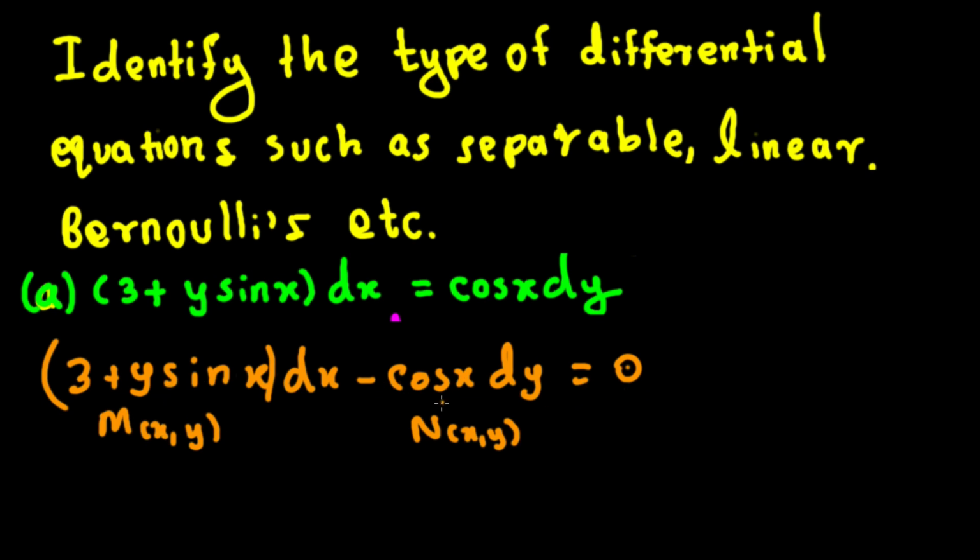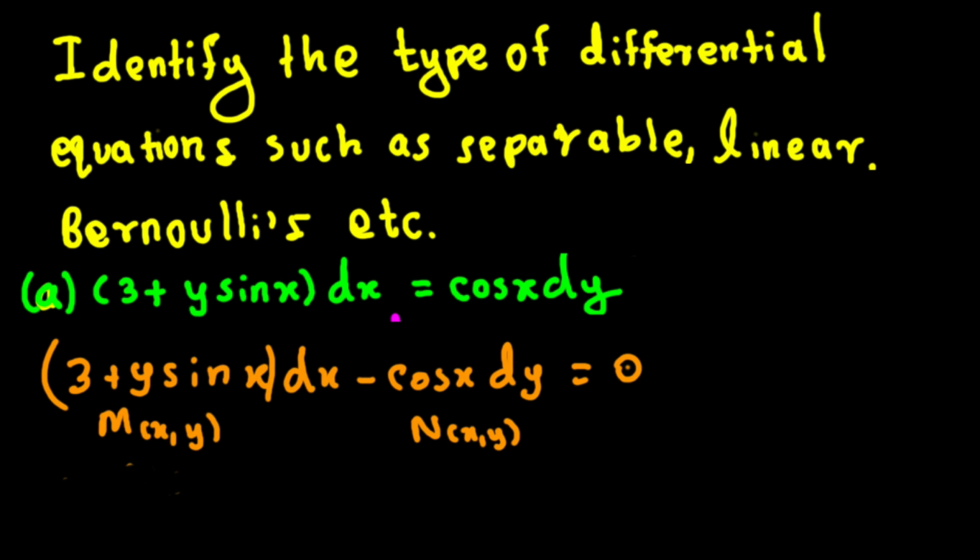After we bring it into this pattern, what we have to do is take the derivative of M with respect to y and see whether it is equivalent to the derivative of N with respect to x. So this is our M(x,y) function.